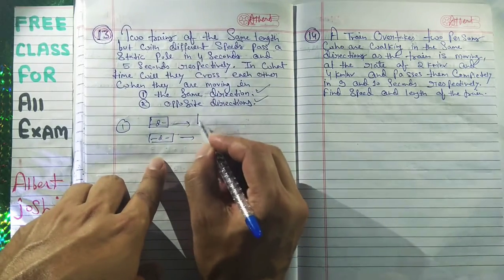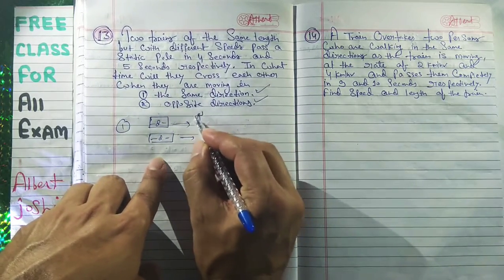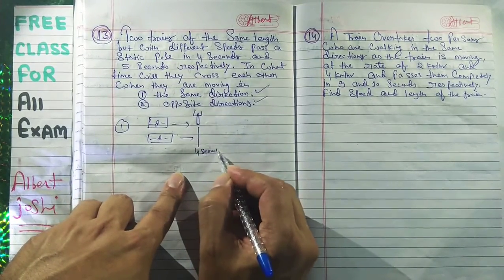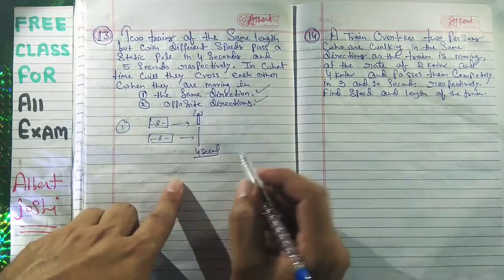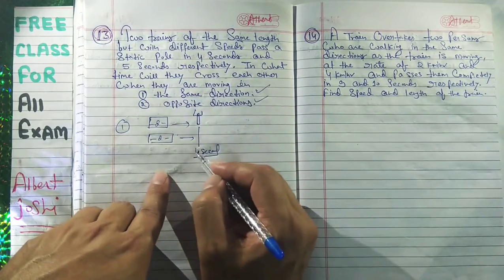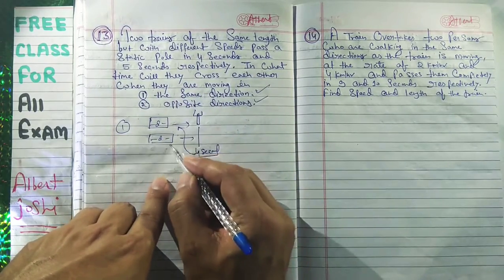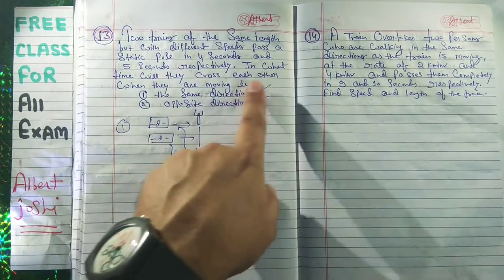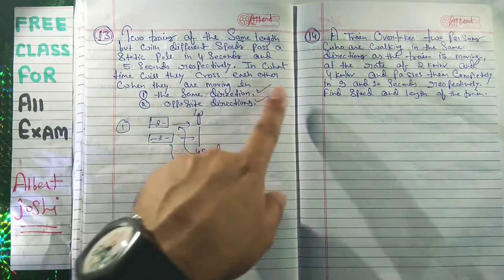This is the pole, and they have crossed in 4 seconds and 5 seconds. This train has taken 4 seconds, but this train has taken 5 seconds to cross this pole.